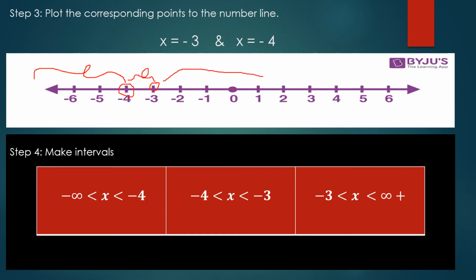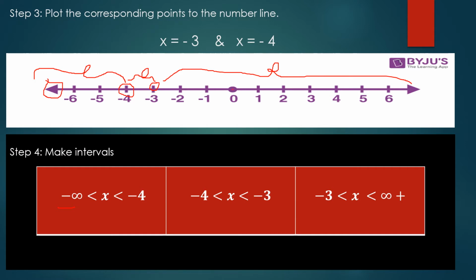Saka ito, isa ring grupo to. Okay, so ito na yung maging intervals natin. Since meron tayong ditong arrowhead, ang ibig sabihin po niyan, pag papunta ka ng negative, is negative infinity. So from negative infinity up to negative 4.